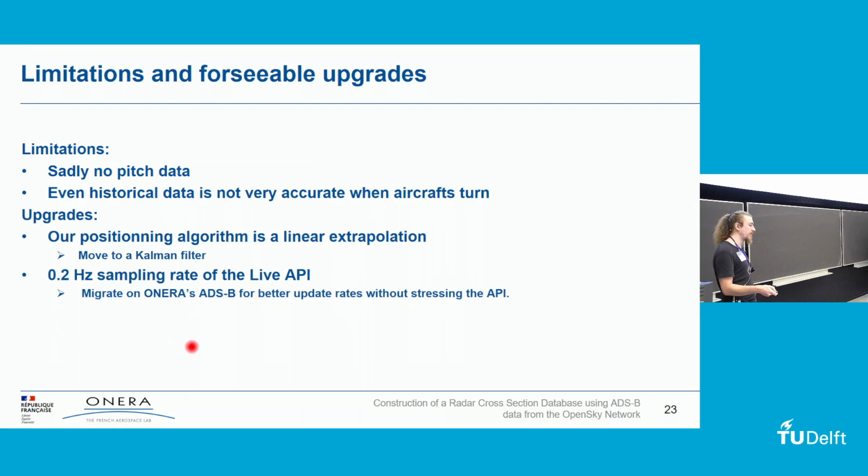We should move to a Kalman filter. And we were using the Live API to track the aircraft in real time. It has a 0.2 Hertz sampling rate, which is not fast enough, so we will migrate to ONERA's ADS-B receiver, installed by Xavier Olive, to have a better sampling rate without stressing the API.